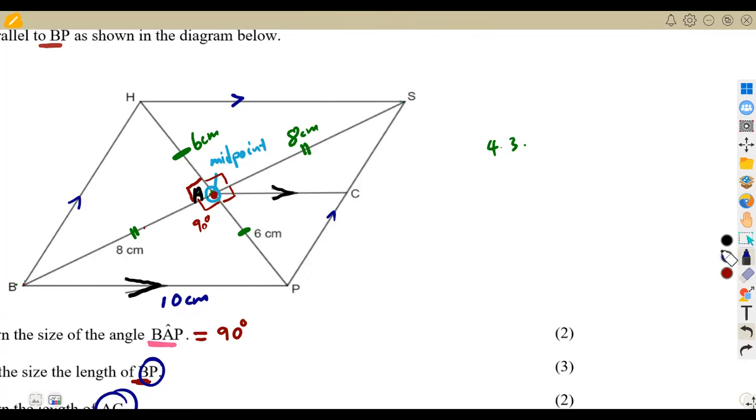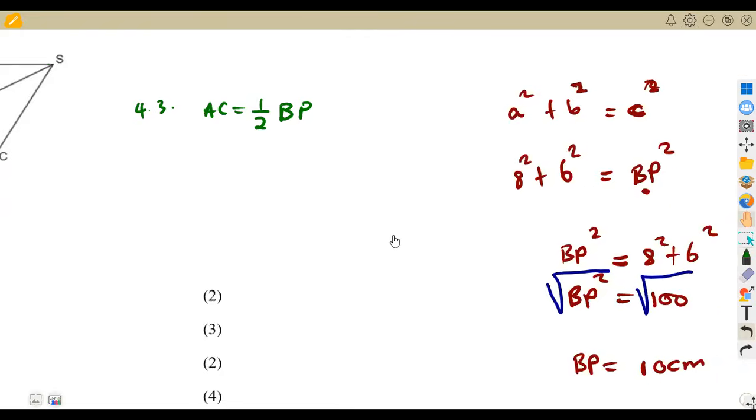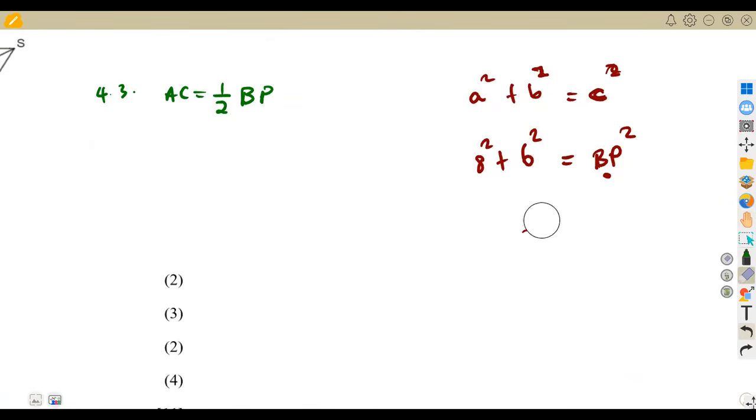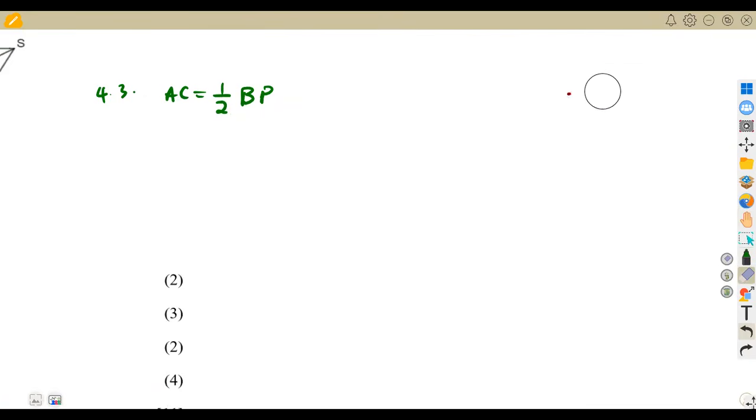All right, so that was the condition there. So meaning to say our AC is equal to half of BP. So this one, we are simply applying the midpoint theorem. So here it is the application of the midpoint theorem.